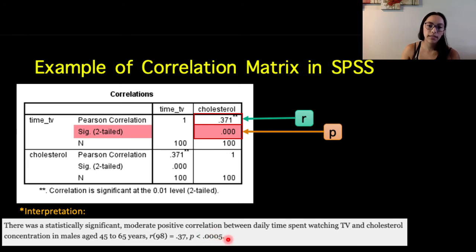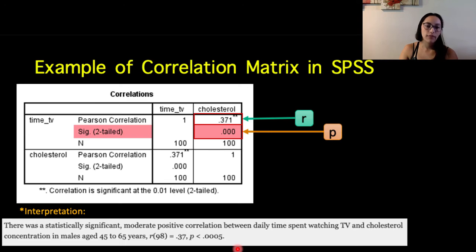They decided to report it as p is less than 0.0005. Like I said, if you only get this information, you would only put less than 0.001. So this would be an example of how we interpret a bivariate correlation.